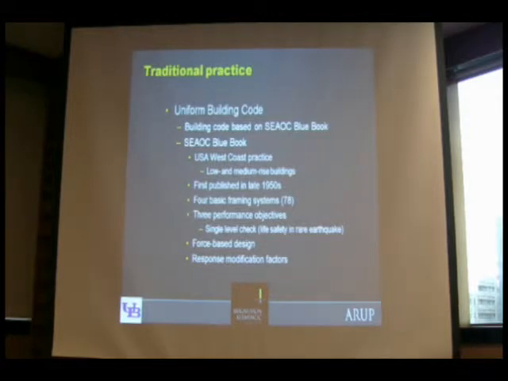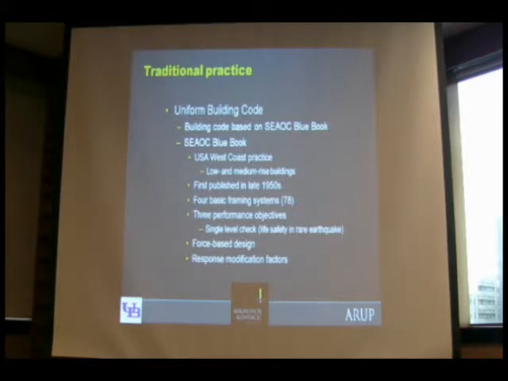When the SEAOC Blue Book was published first in 1959, there were 4 framing systems. Nowadays there are 78, but the 78 are all derived from the 4. In the first version of the Blue Book, there were 3 performance objectives with a single level check. So there was an expectation that your structure would suffer no damage in what they described as frequent earthquake shaking, perhaps shaking you would see once every 10 or 15 years.